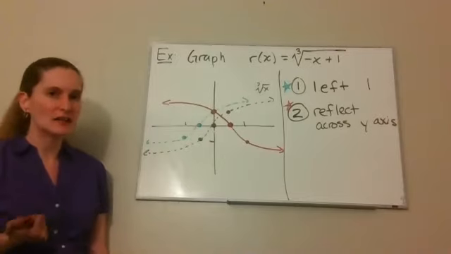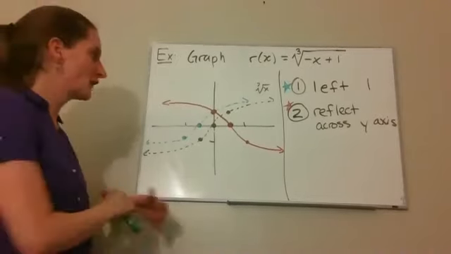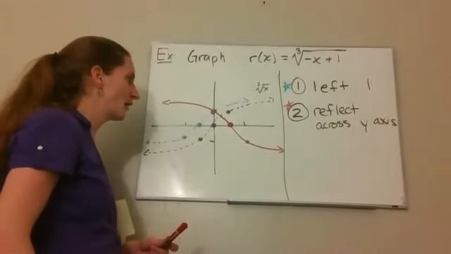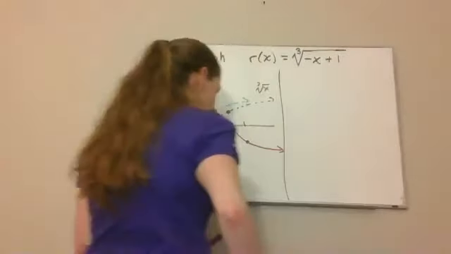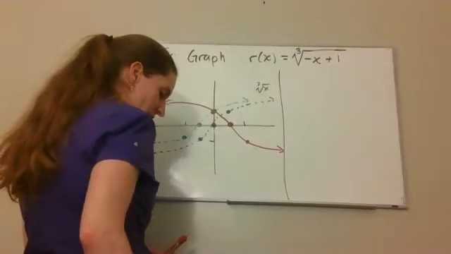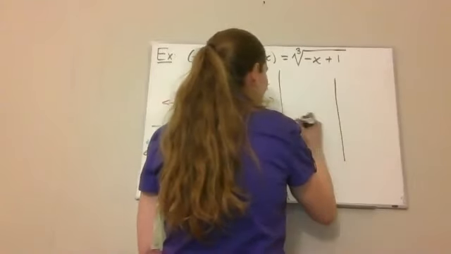Now this one's not as cluttered as the last one that we did, but I would still draw the graph separately just to emphasize what my final answer is. So let me quickly draw my final answer of r of x.